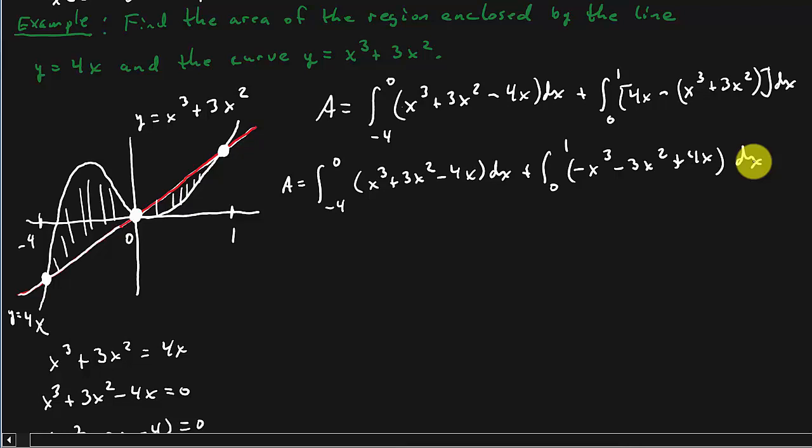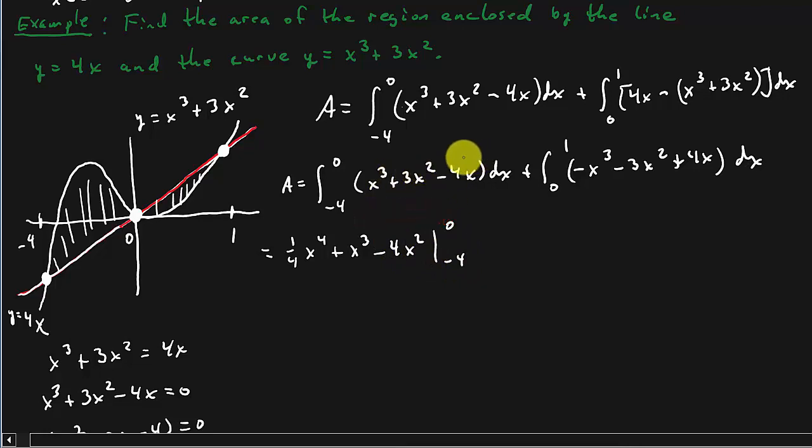Okay, all right, so basically what I'm doing is I'm integrating this one, and then I'm going to add the two numbers together. So we've got 1/4 x to the 4th plus x cubed minus 4x squared from negative 4 to 0. That's integrating each one of those terms.